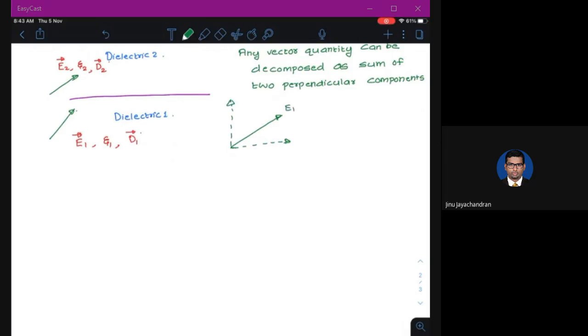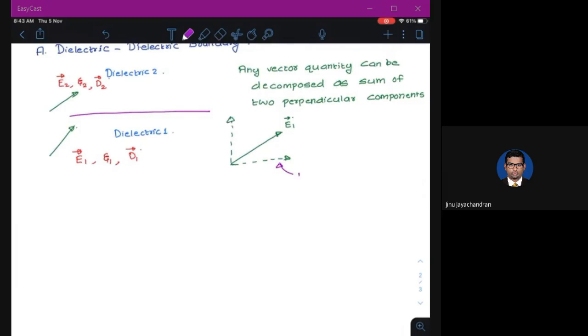So let's say this is E1. So I say I can decompose into two components. One is horizontal, which is parallel to the boundary, and one is vertical, which is normal to the boundary. Okay, because if you look at this boundary and this component, they are exactly parallel. If you look at this component and this boundary, it is perpendicular.